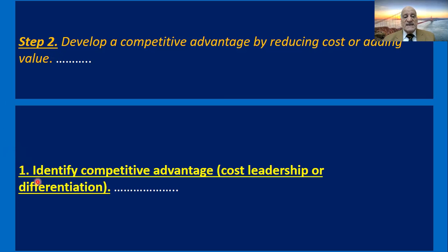Number one, the firm must identify competitive advantage, cost leadership, or differentiation. The analysis of value activities can help management better understand the firm's strategic competitive advantage and its proper positioning in the overall industry value chain.